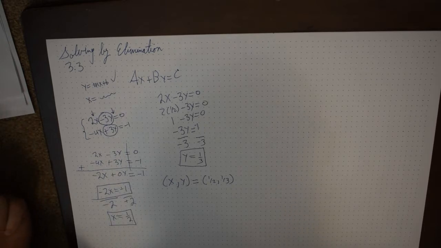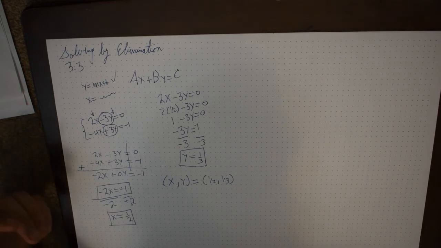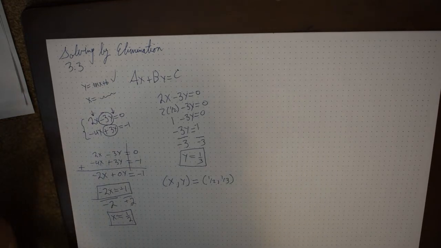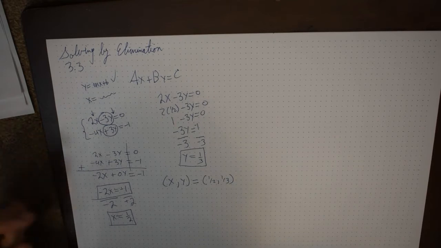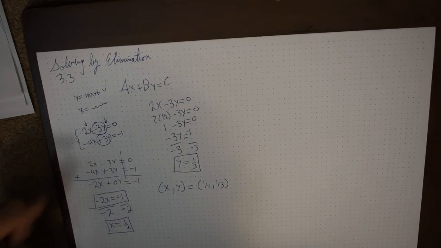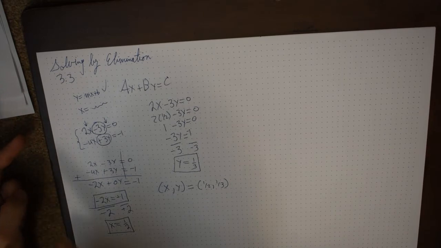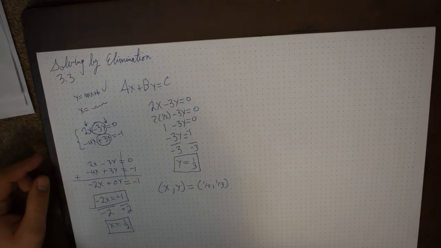This is also the preferred method for solving larger systems of equations. That is until, if you ever take linear algebra, you'll discover a lot of other techniques for solving systems of linear equations. But for now, we're going to keep our focus mainly on solving two equations with two unknowns.